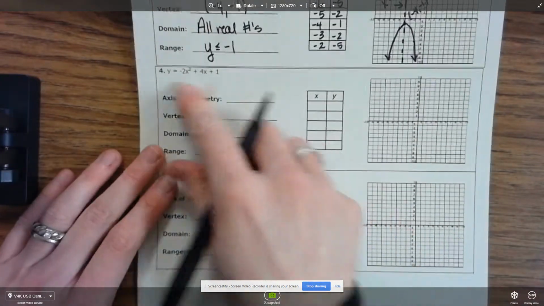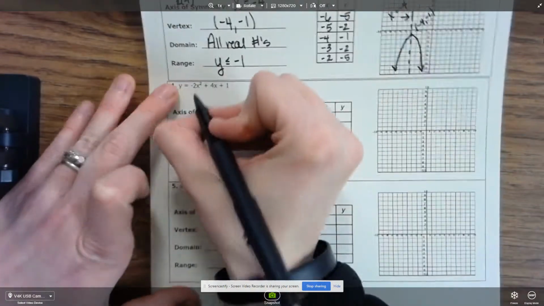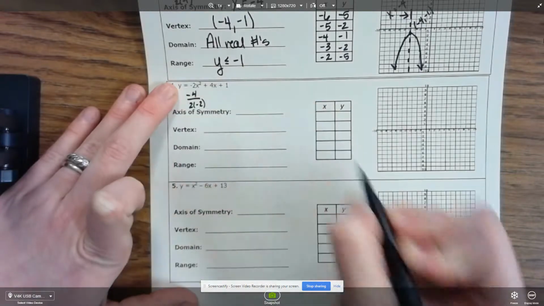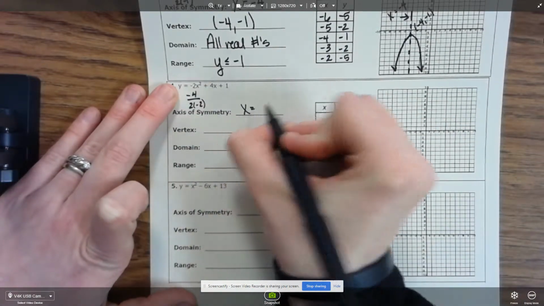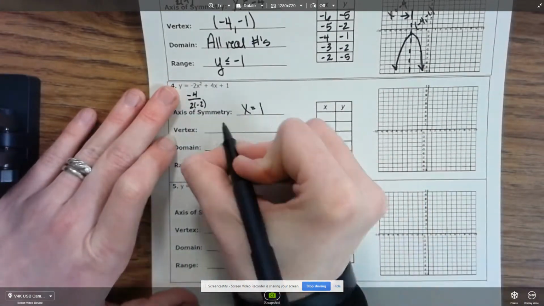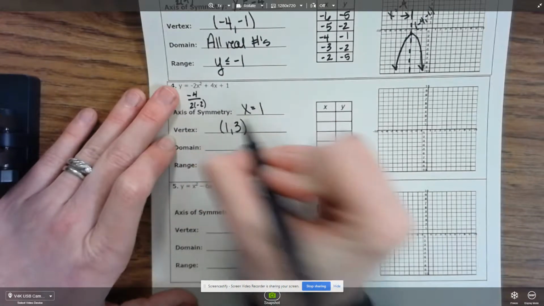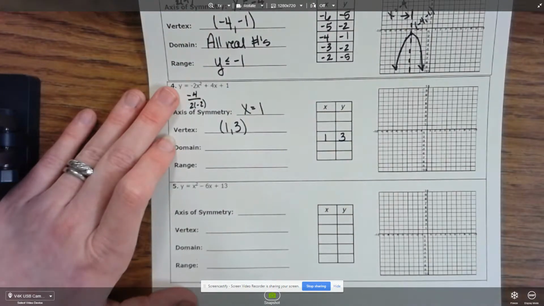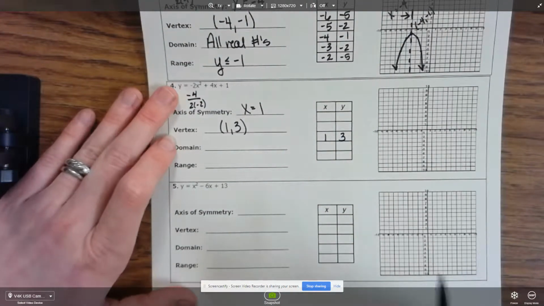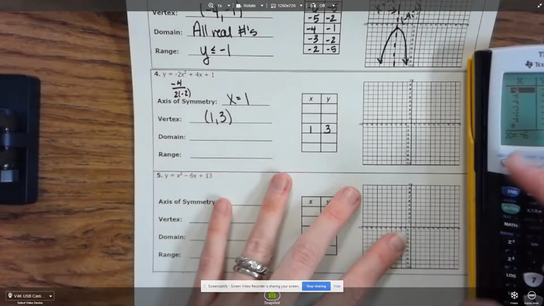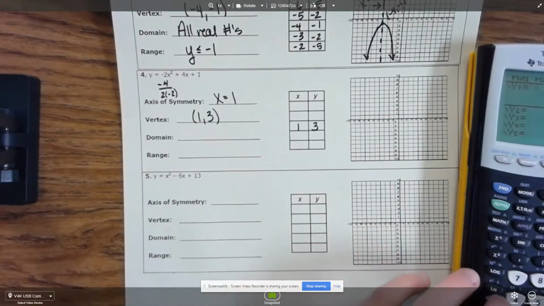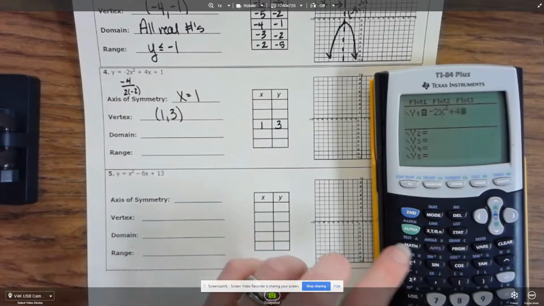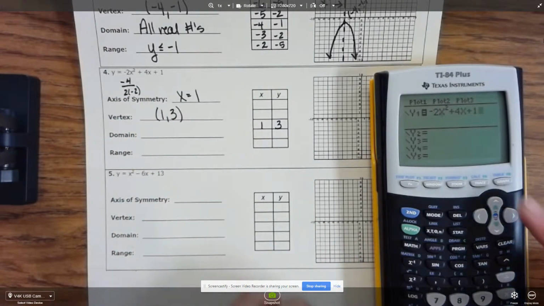All right, so number 4 here. So axis of symmetry, negative 4 divided by 2 times negative 2. So my axis of symmetry is going to equal 1, which would make my vertex 1, 3. So again, that's kind of how I'm getting my values, how I know where to fill in. All right, so negative 2x squared plus 4x plus 1.